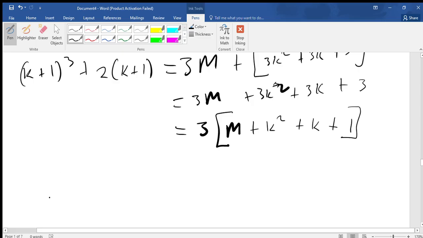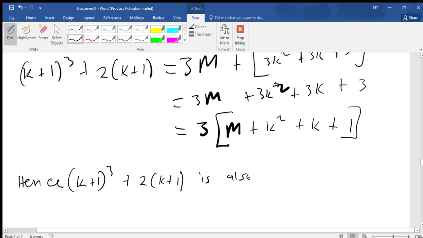So hence k plus 1 power 3 plus 2 times k plus 1 is also divisible by 3, and hence the statement.